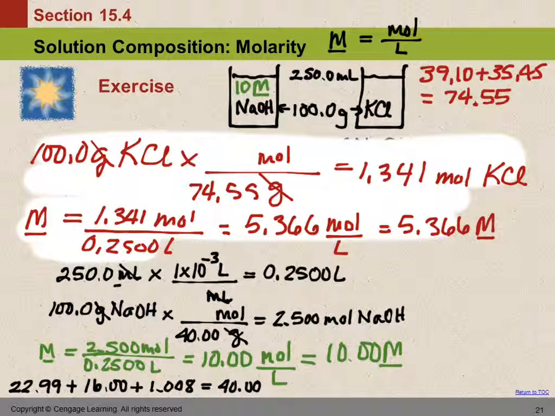So this particular exercise was asking for two different answers. That's not exactly 5, but it's close. Pardon me? You think the math is a little off? That's entirely possible. I seem to be a little off today. 1.341 divided by 0.25.